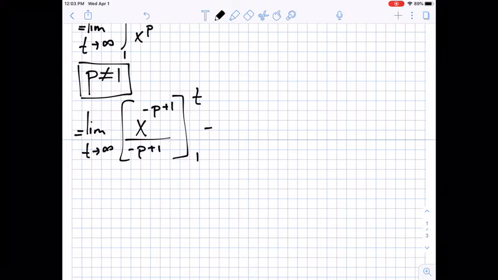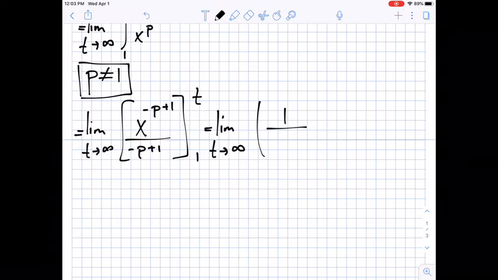And now let's do FTC2. We still have the limit as t approaches infinity, and let's rearrange this a little bit. I could take out this constant, and let's rewrite it. It's actually just going to be 1 over 1 minus p, and then inside I'm going to do FTC2, replacing x by t.